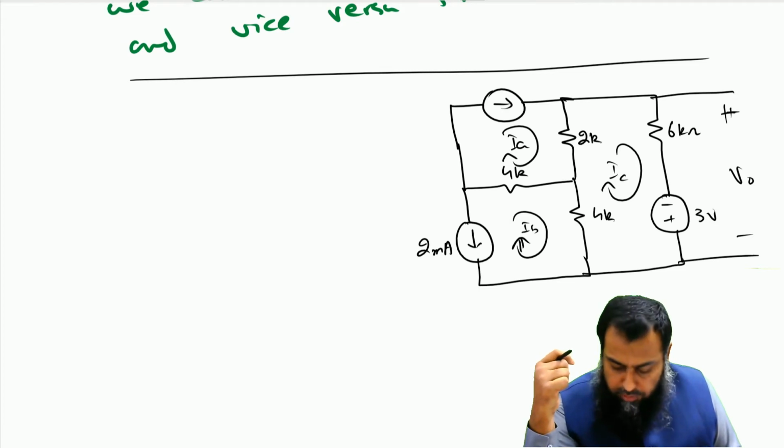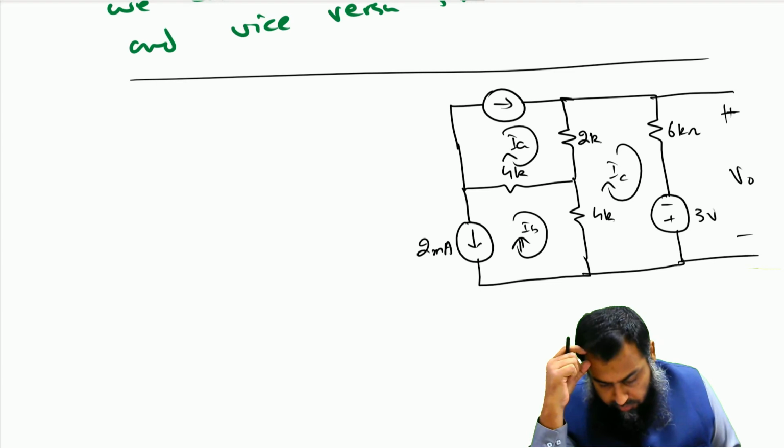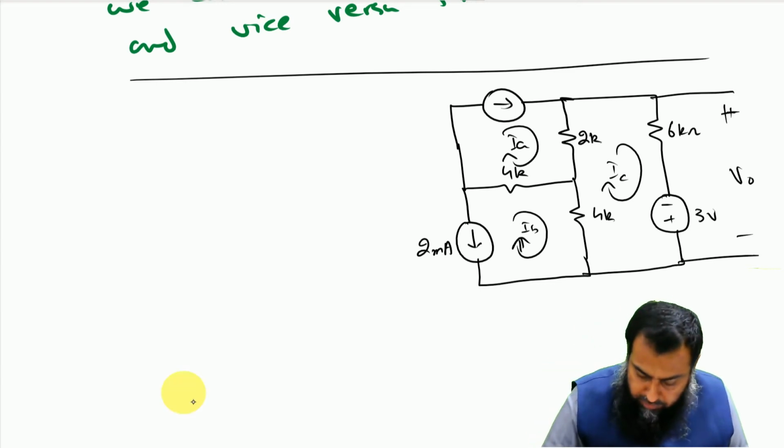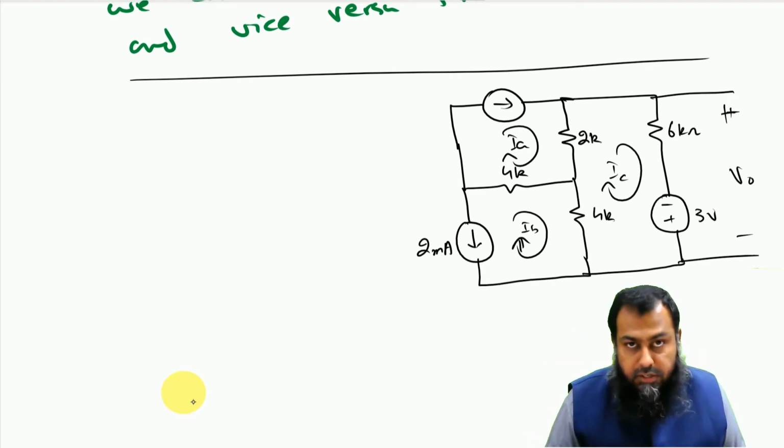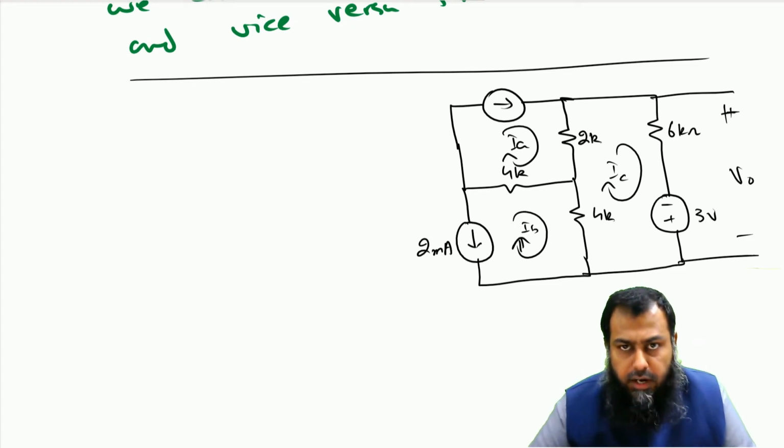Now, if we go for the node voltage method, then we might be required to find the voltage at this particular point and at this particular point at least, right? So the total number of equations for the node voltage method is larger than the requirement using the mesh current analysis method.